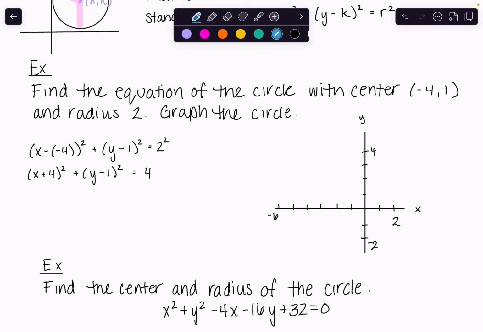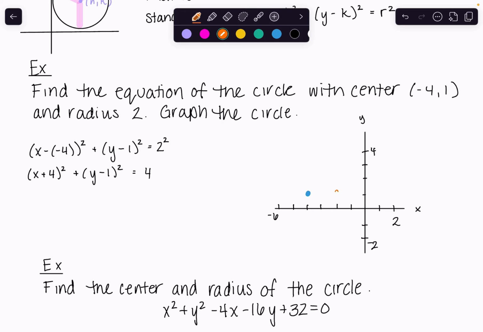To graph it, all you're going to do is start by graphing that center point. So that occurs at -4, which would be 1, 2, 3, 4. And then the y coordinate's +1. So that center value will be right here. Now I want to go out a distance of 2 to find points on the edge of my circle.